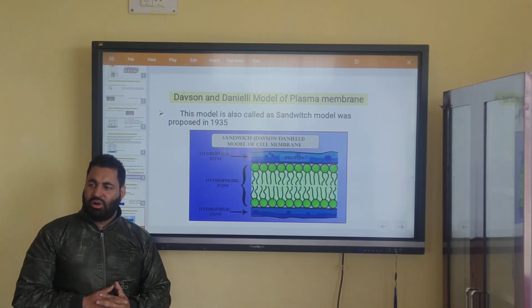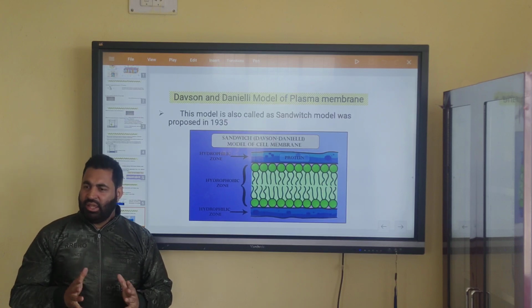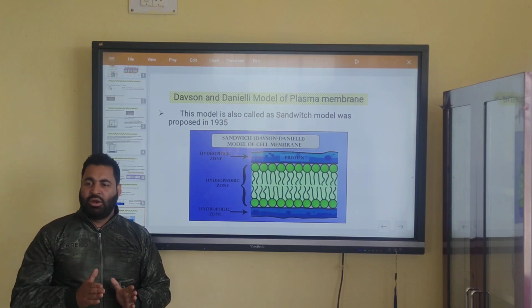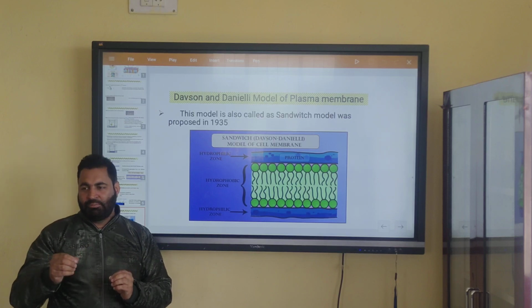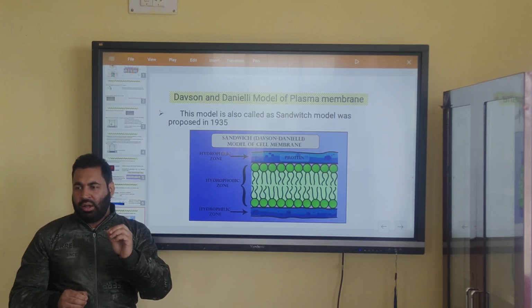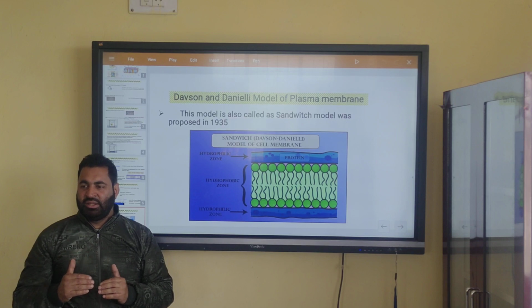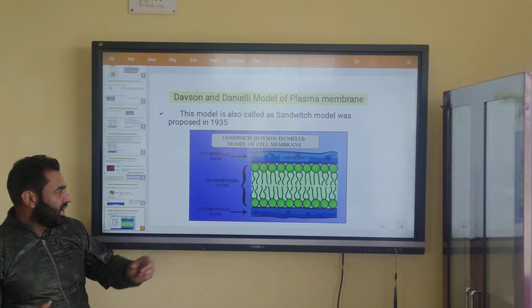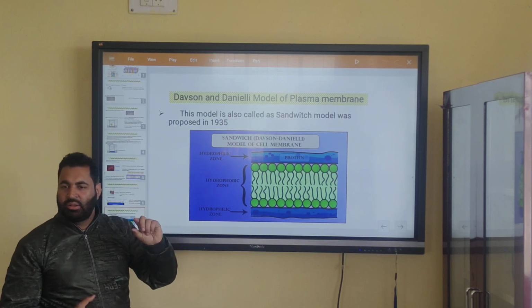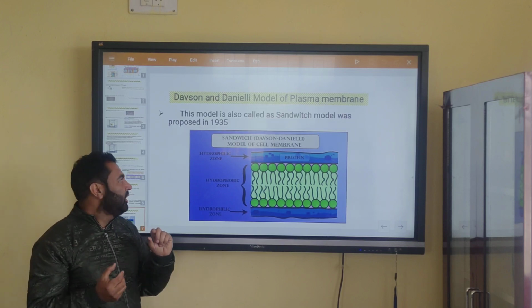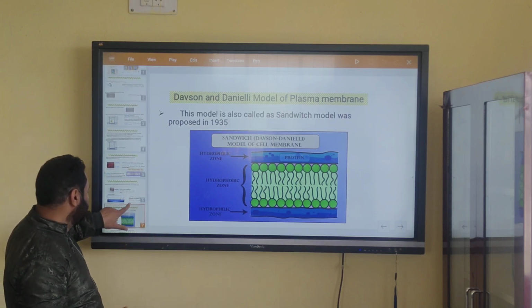How did they base this model? Based on the evidence, they found that if we add proteins to the lipid film, its surface tension decreases. So they postulated that the sandwich model might be the exact model portraying the nature of the plasma membrane.